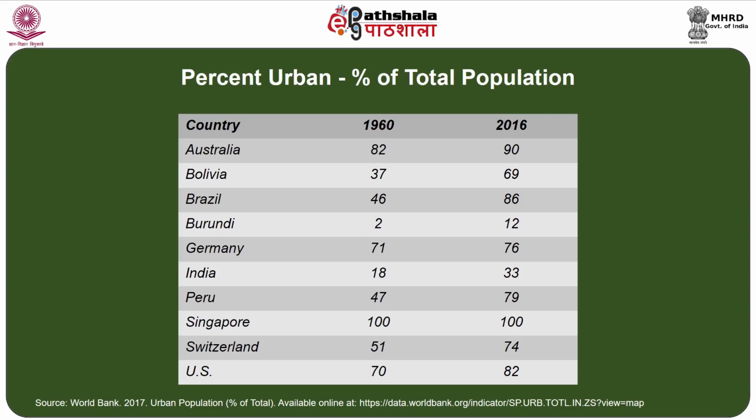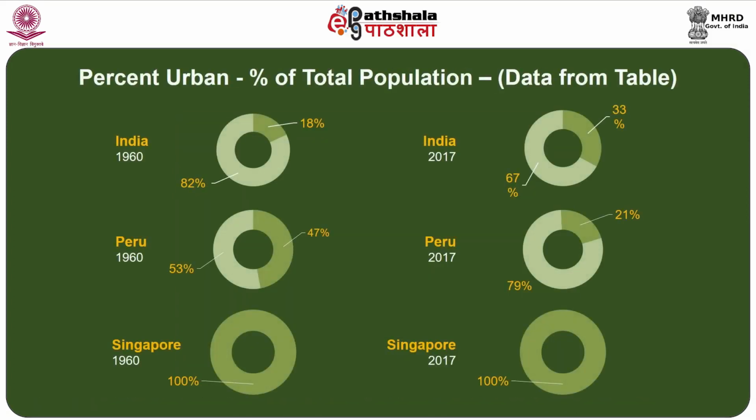On the other hand, we see a much smaller percent urban in other countries both in 1960 and in 2016, with countries like Burundi from 2% in 1960 to 12% in 2016, and India from 18% urban to 33% in 2016.